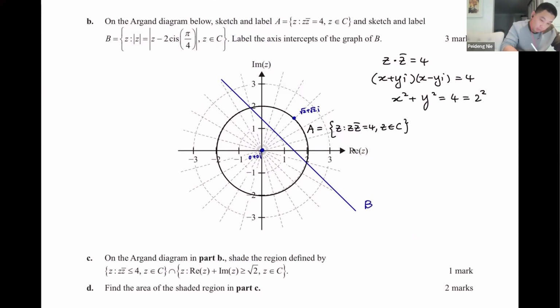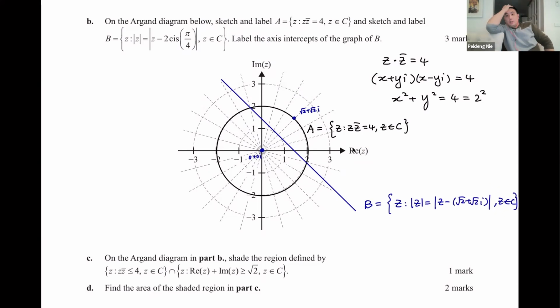Okay, so this is my B equals the set of Z such that the absolute value of Z equals the absolute value of Z minus root 2 plus root 2i. Z is any complex number, all right?